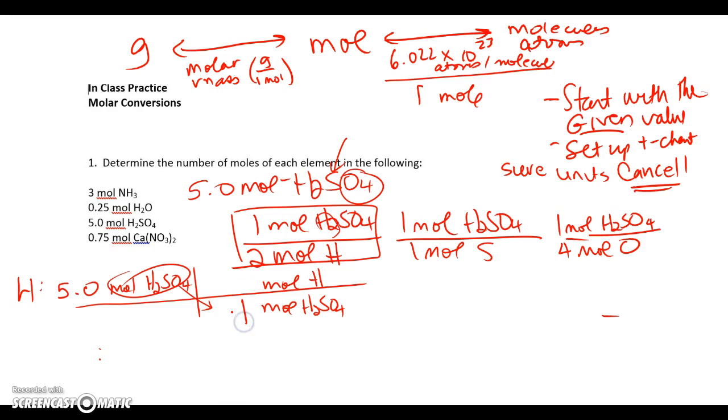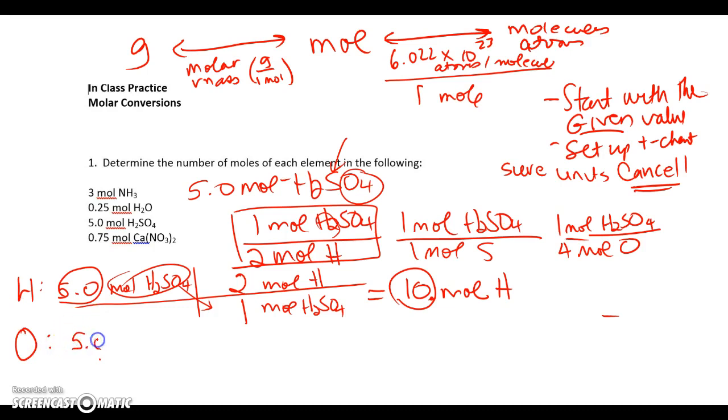For every 1 mole of H2SO4, I have 2 moles of hydrogen. Alright, if I do the math, I end up with 10 moles of hydrogen. 2 sig figs, I'll have to put a decimal point there to get 2 sig figs on the hydrogen. Sulfur is 1 to 1, so instead let's take oxygen.